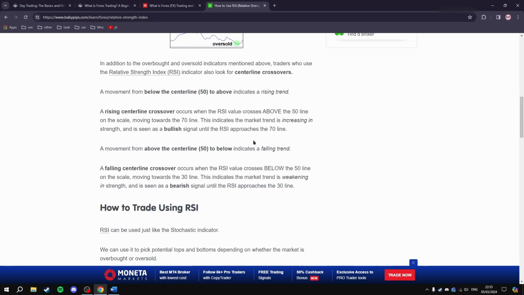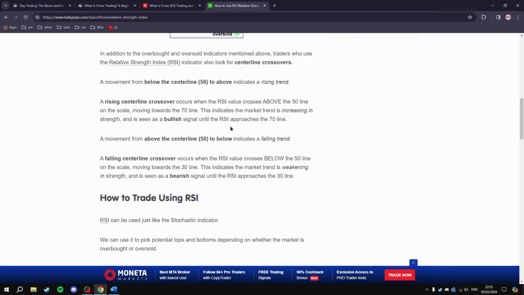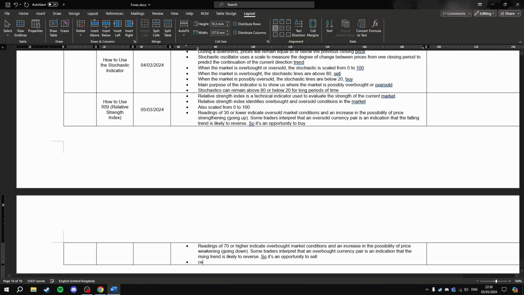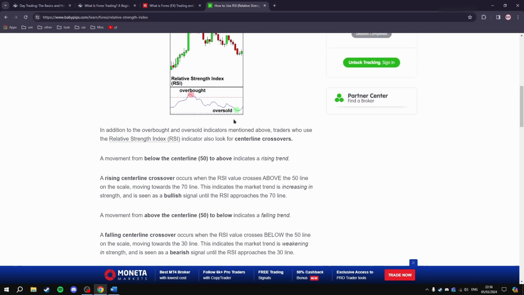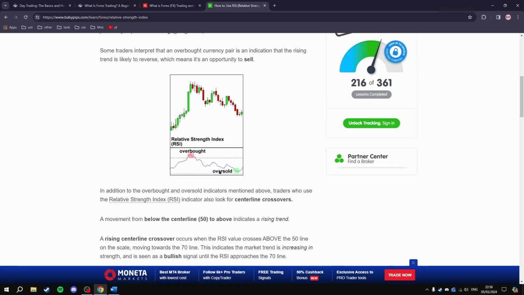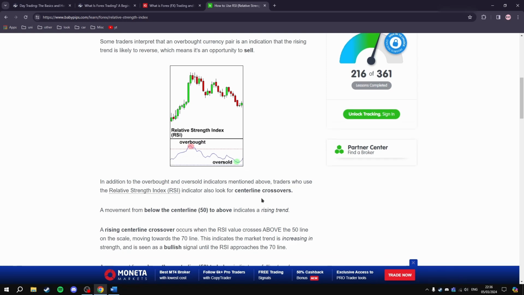In addition to the overbought and oversold indicators mentioned above, traders who use a relative strength index indicator also look for center line crossovers. A movement from below the center line 50 to above indicates a rising trend. So below center line like here, to here.